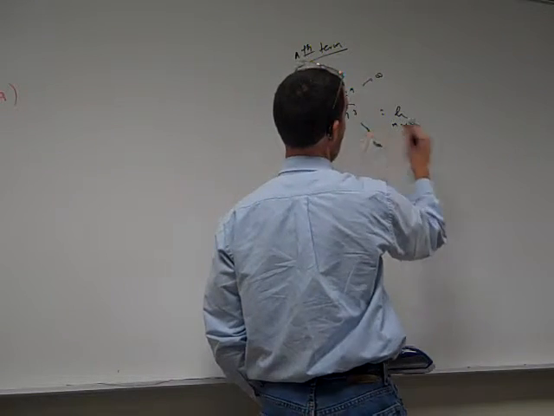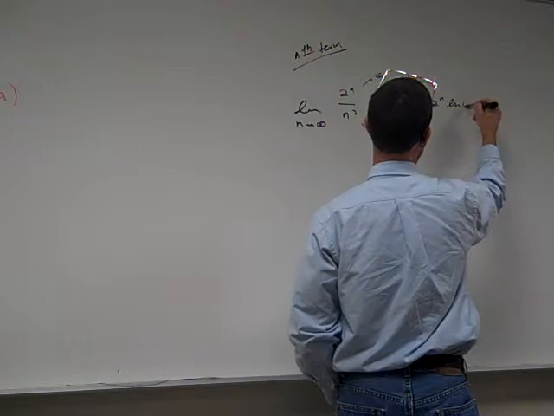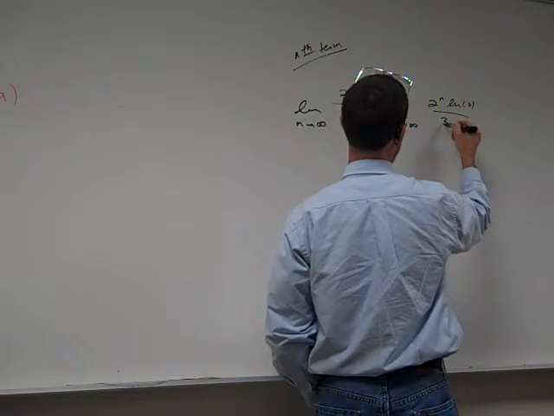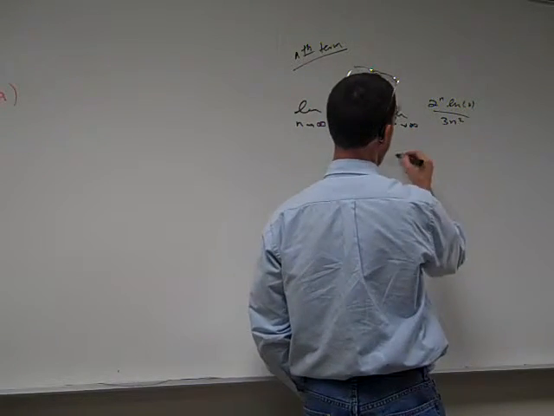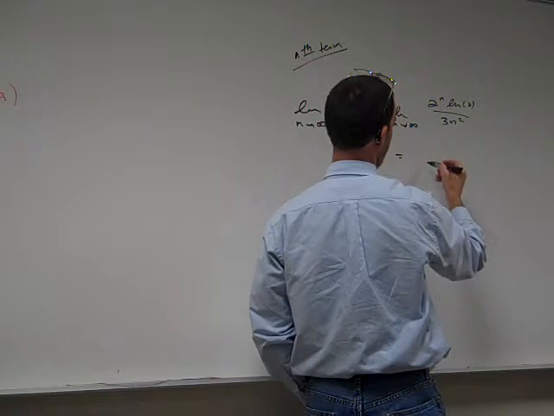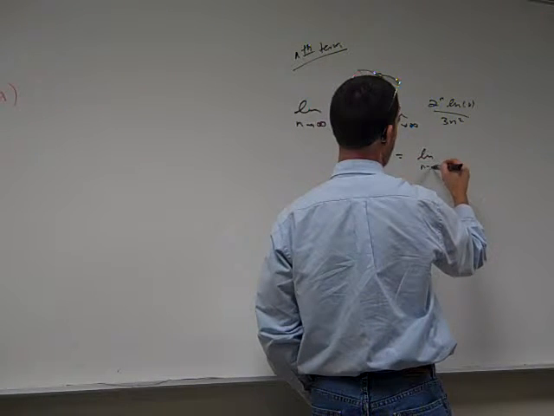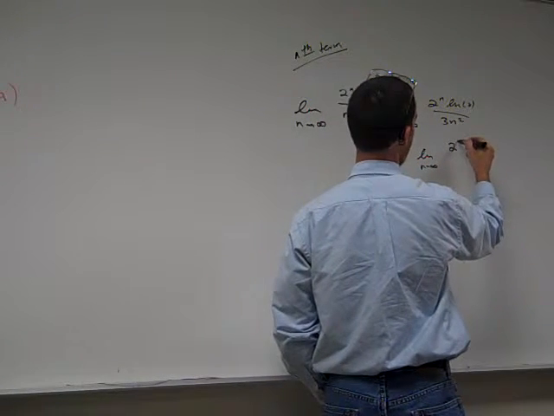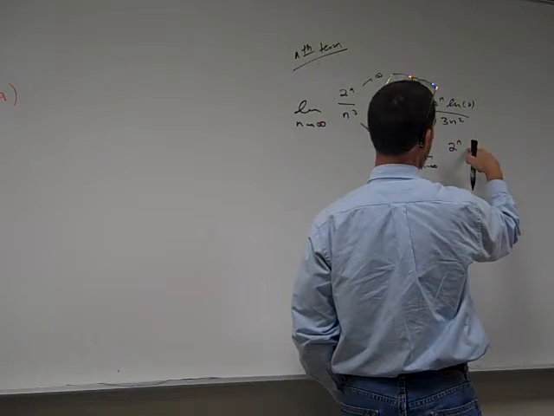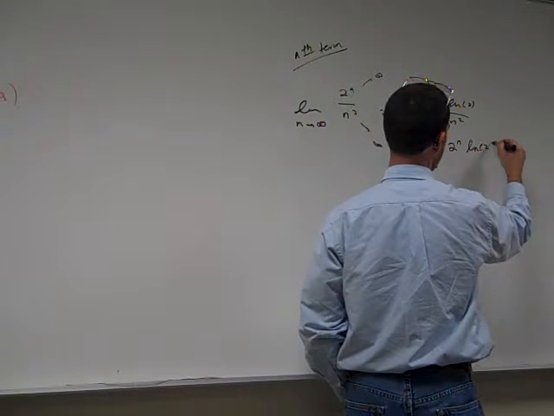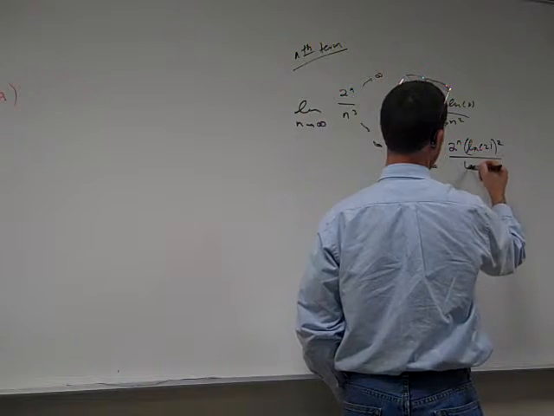But I'm going to check. So the derivative of 2 to the n is 2 to the n ln of 2. The derivative of n cubed, 3n squared. Still infinity over infinity, right? So again, 2 to the n times ln 2 times that constant, over 6n.